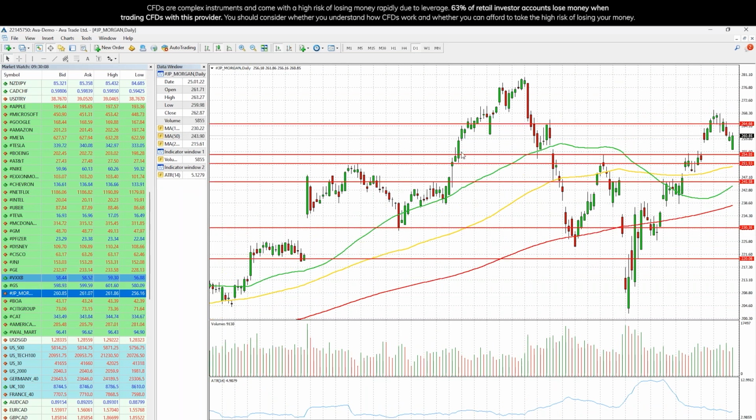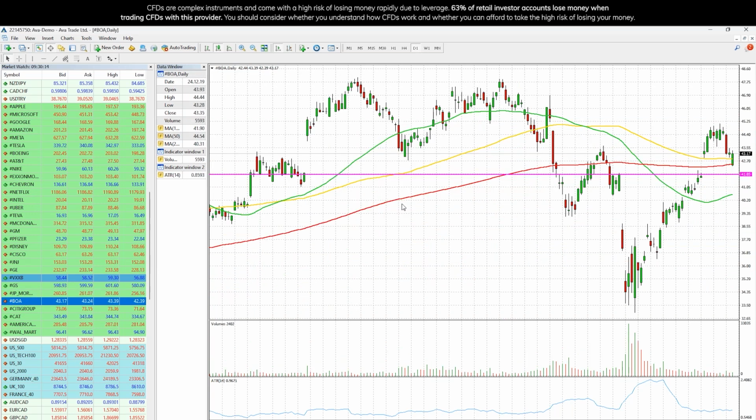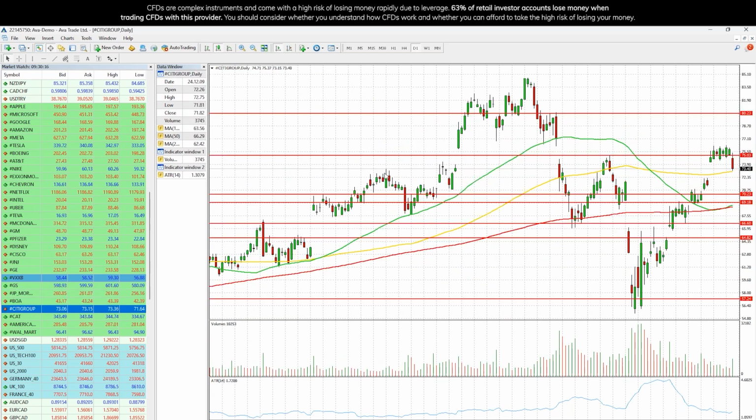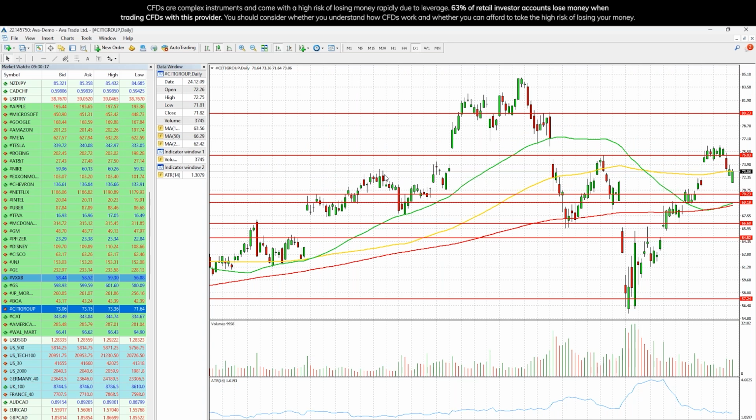JP Morgan, similar action: gap and continuation, closing the gap and closing higher than the previous day. It just tells us that the banks are still solid and they're holding up very nicely here. Of course, there are a few things. Buffett has been selling banks, and I think last week we mentioned it, or I mentioned it to my group. I'm not sure if I did it here.